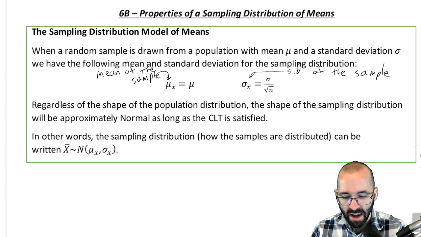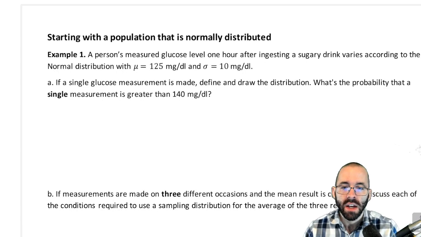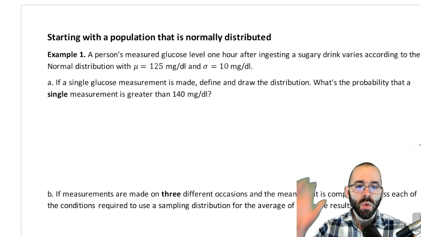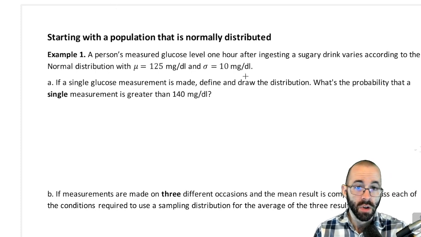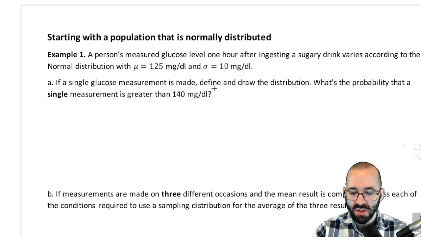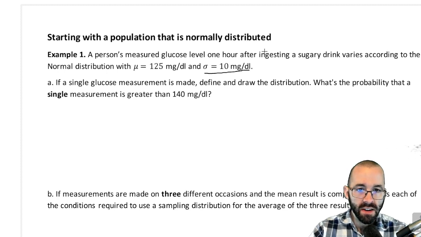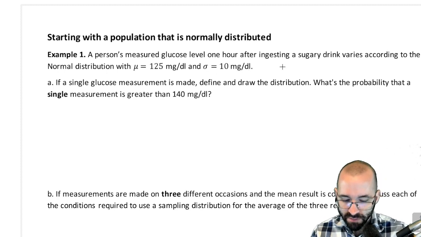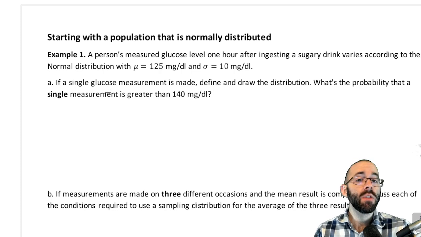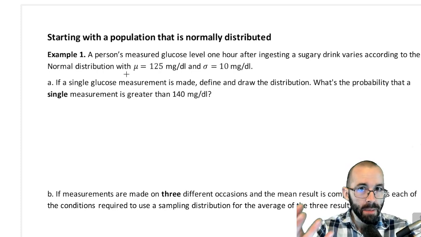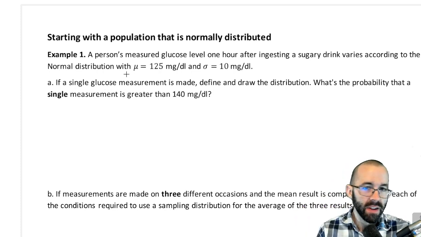Let's use that in an example. We're done with watermelons. We're going to talk about glucose levels. We do a measurement an hour after ingesting a drink. We expect that measurement to have this average and this standard deviation for concentration. If a single glucose measurement is made, that's like our population, like looking at a single watermelon.